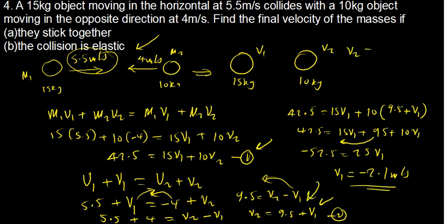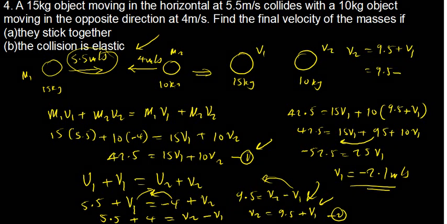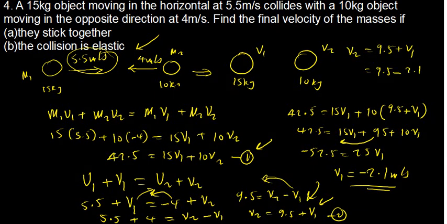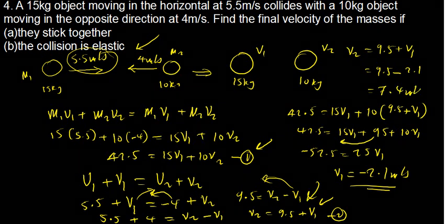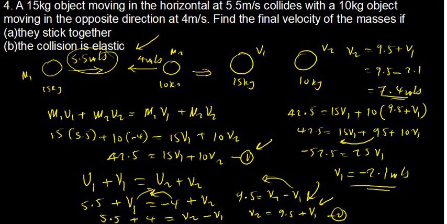So v2 is equal to 9.5 plus v1, which will be equal to 9.5 minus, because v1 is negative, so that will be minus 2.1. So 9.5 minus 2.1, we get 7.4 meters per second.